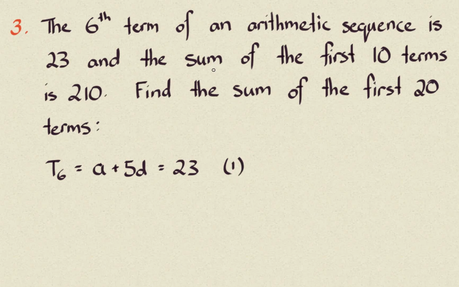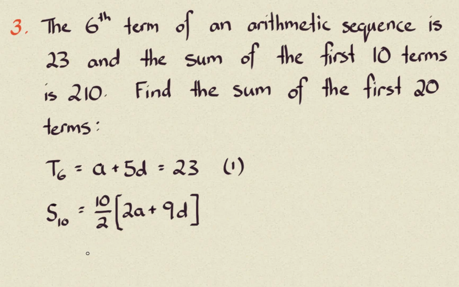The next bit of information is not the term, but rather the sum of the first 10 terms. So we have n on 2, or 10 on 2, outside of 2a plus n minus 1. Now n is 10 in this case, so that's 9 times d. And so here is our second equation.